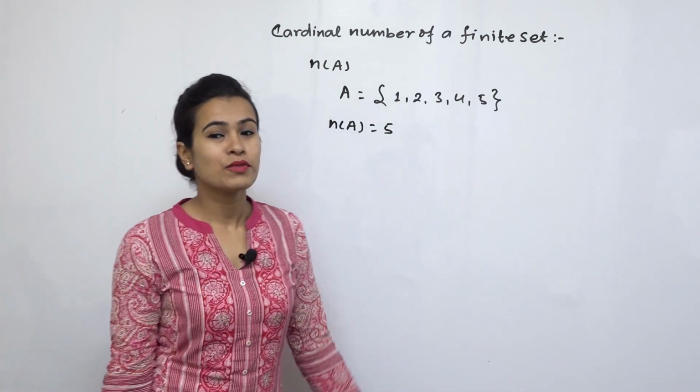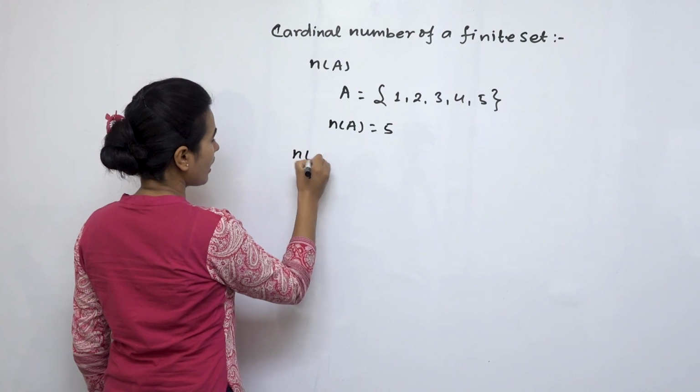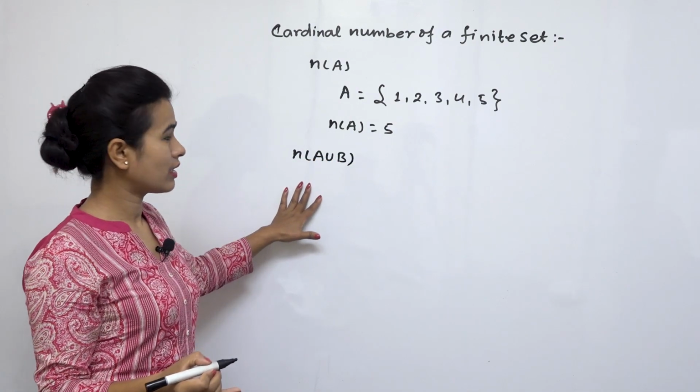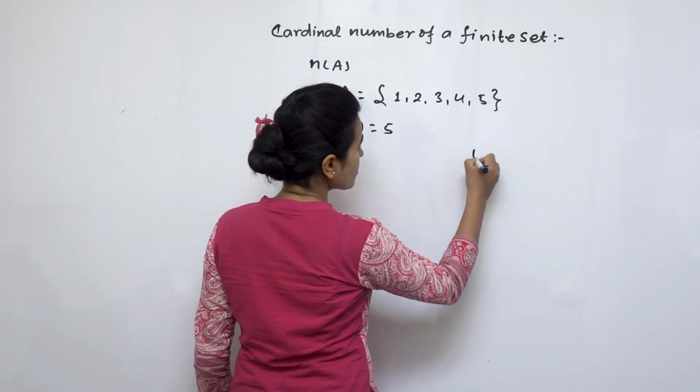Let's discuss a few formulas related to cardinal number. I will explain the formula by comparing it with a Venn diagram, so it will be easier for you all to remember it.